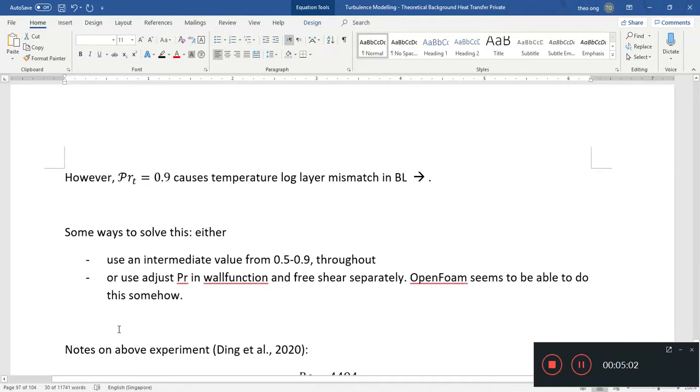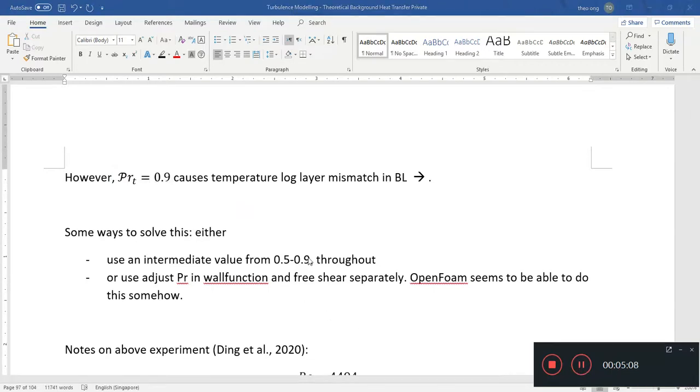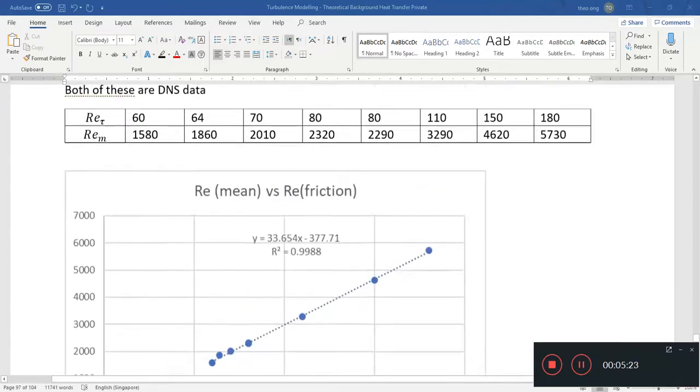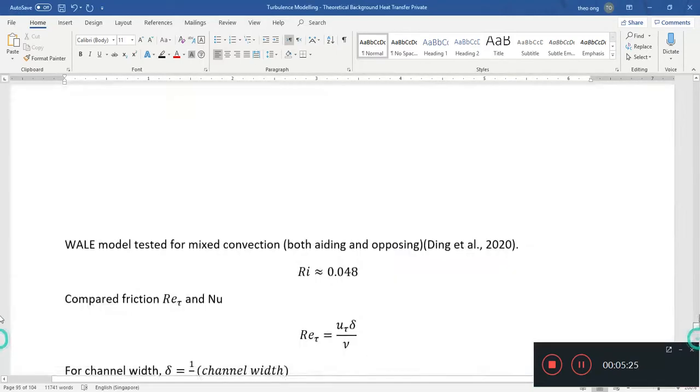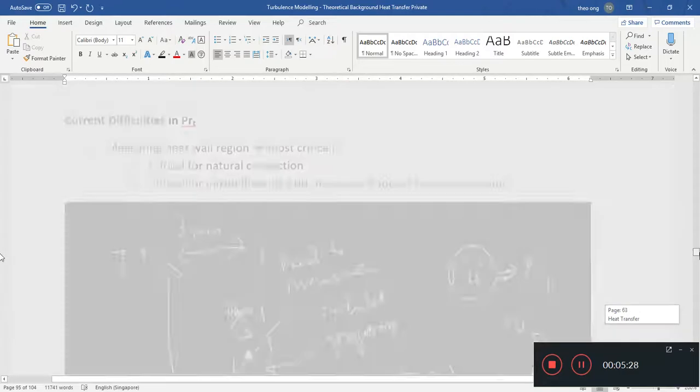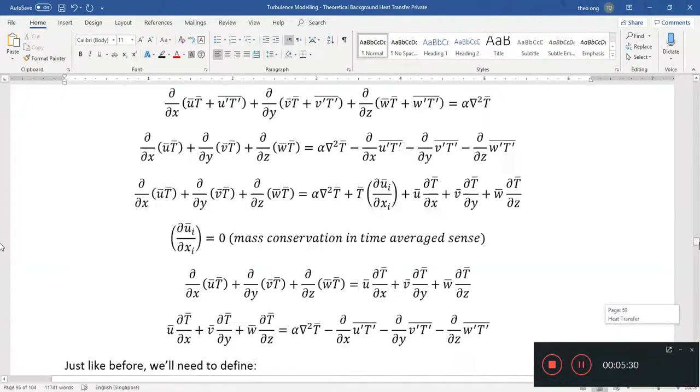However, this Prandtl number equal to 0.9 actually causes some log layer mismatch in the boundary layer. As you have seen before in the earlier papers, the gradient of the log layer is the same for the temperature, but the intercept is different.